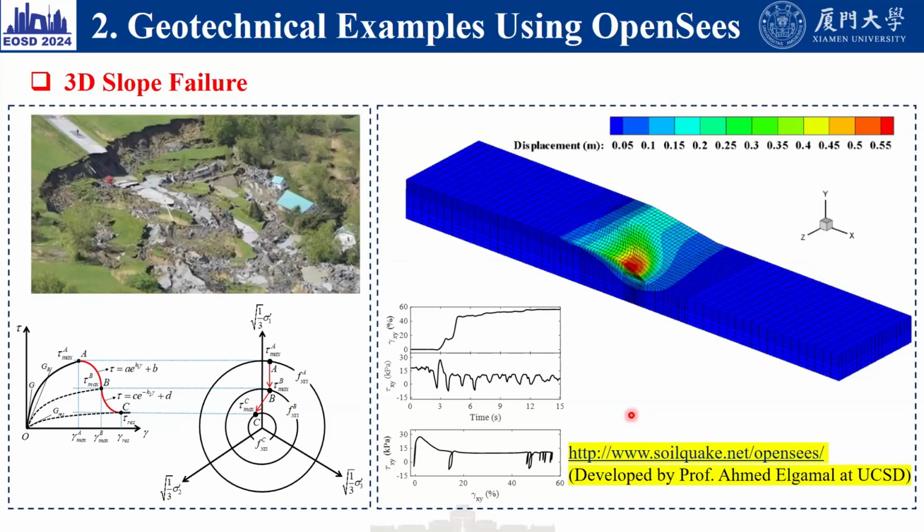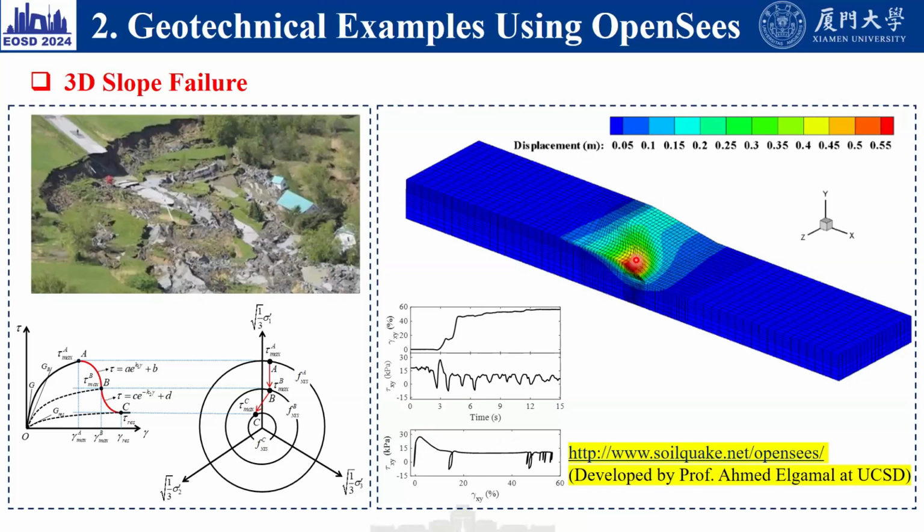So we also create a 3D finite element mesh for a 3D slope. And during shaking, you will see that the soil reaches the maximum shear stress and then reaches the residual, which means it's softened. Then a large deformation is developed in the slope. So this is just for 3D slope failure.